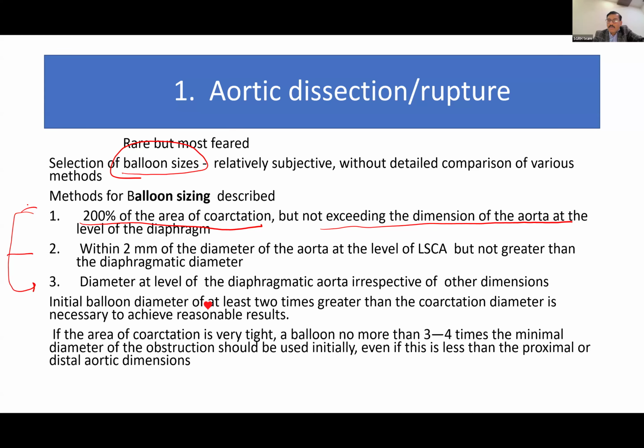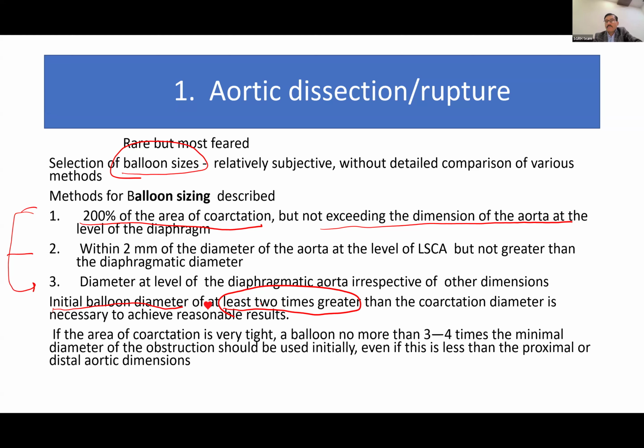Now remember, the initial balloon diameter has to be at least twice the coarct segment to achieve reasonable results. If the coarct segment is very narrow, at least twice you have to balloon dilate to have some reasonable results. Now, if a coarct is very tight, like the very tight coarct I showed you in one case, there you can't go more than 3 to 4 times the minimal diameter.